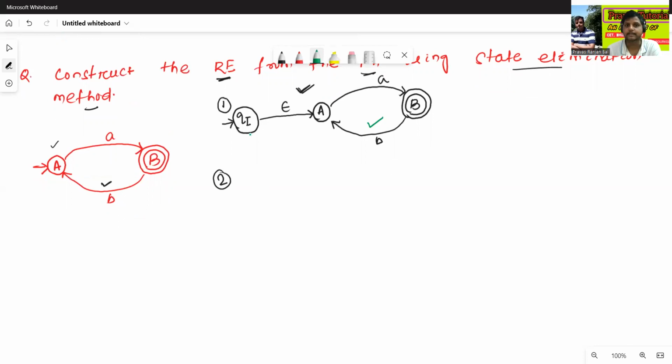First we have to draw all the states and transitions, remaining the same. Every finite automata will be the same here.